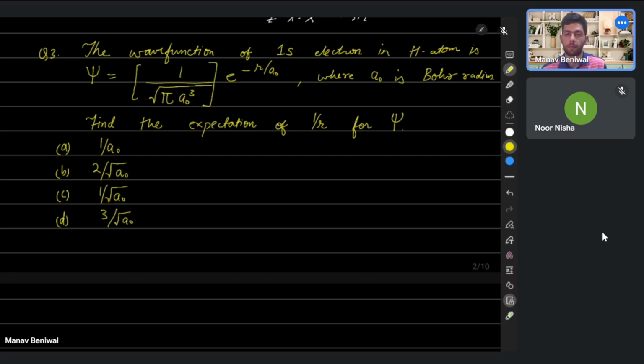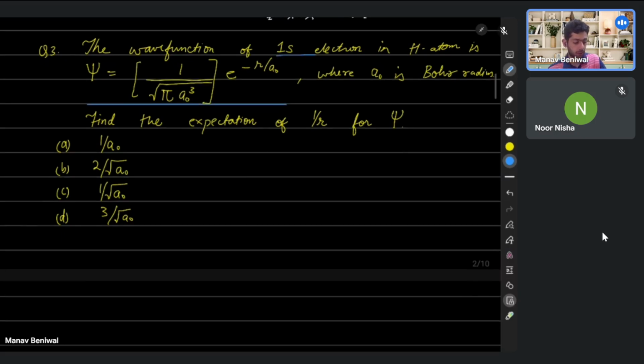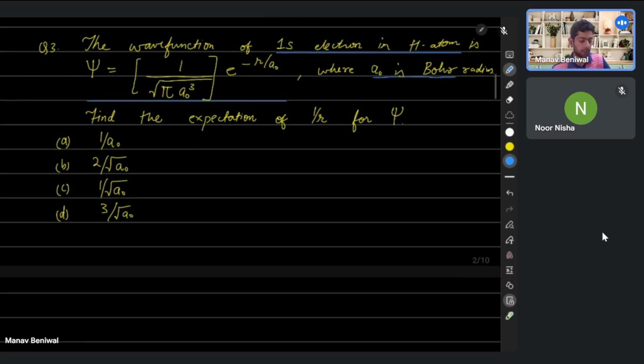Okay, so we are given a wave function psi. This is the wave function that we are given, and this corresponds to a 1s electron in hydrogen atom. Here a naught is the Bohr radius, and the answer, if you see the options, is given in terms of the Bohr radius.